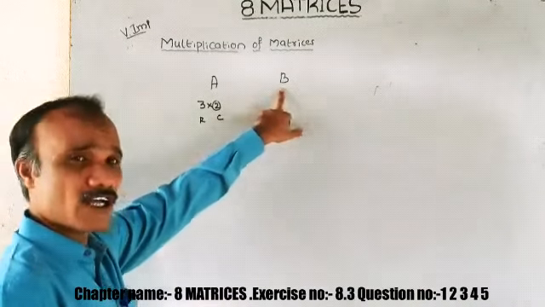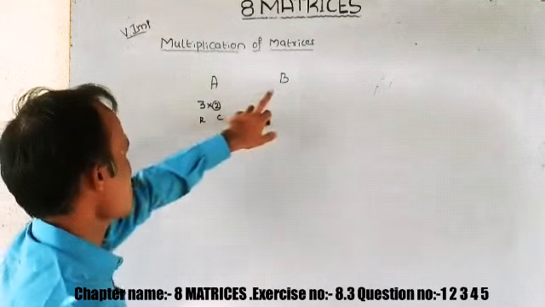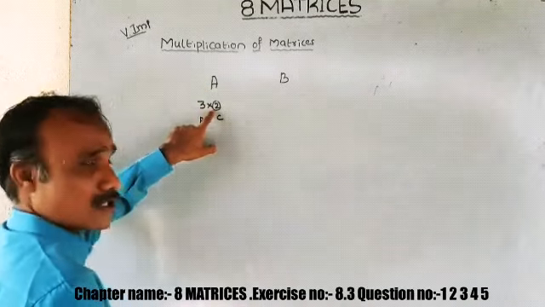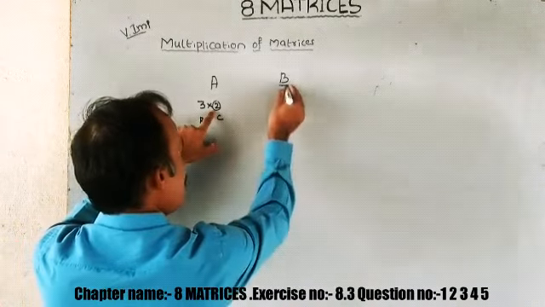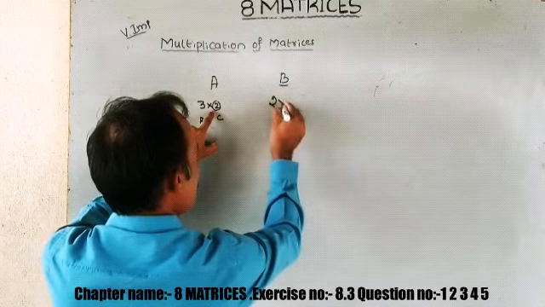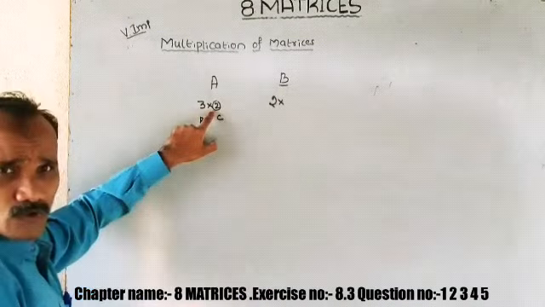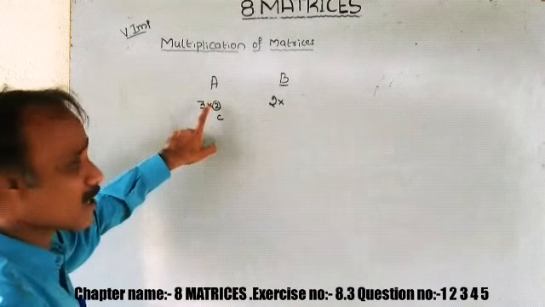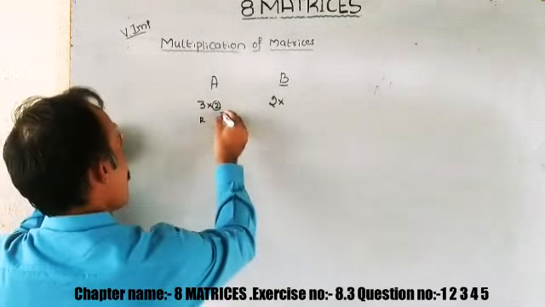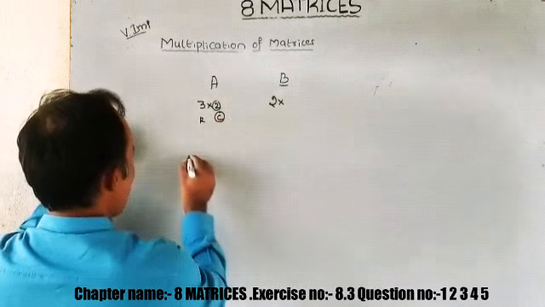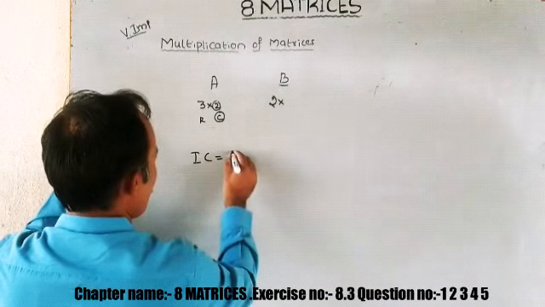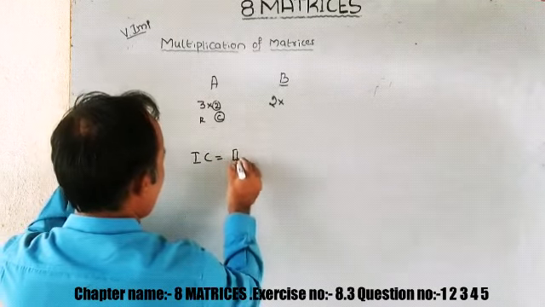Now you see what is the order of B. Very important. The A matrix has 2 columns, so compulsorily the B matrix must have 2 rows. That means the columns of the first matrix are equal to the rows of the second matrix.